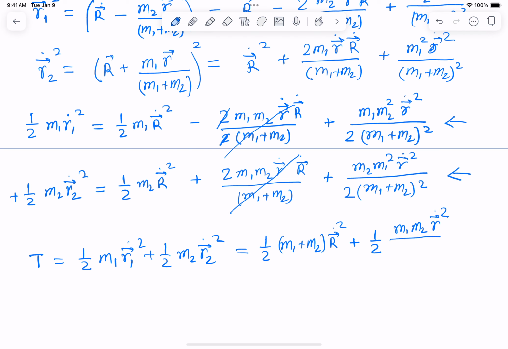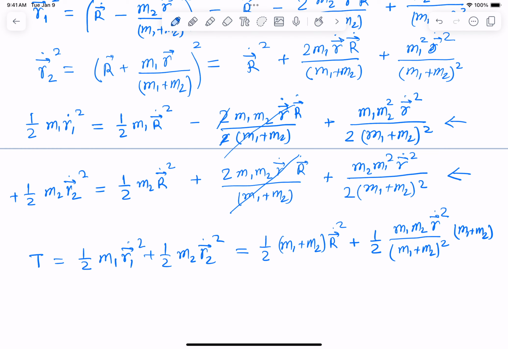That is common to both. You had m1 m2 r dot squared in the first term and the second term, and at the bottom you will get m1 plus m2 squared, and what would be remaining would be m1 plus m2.